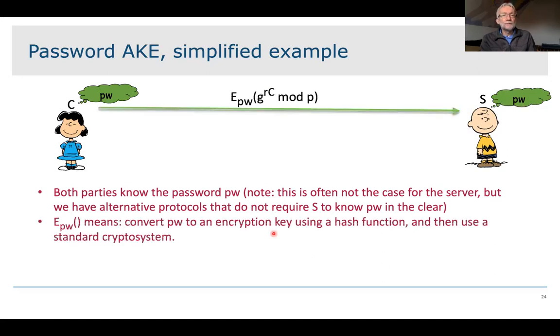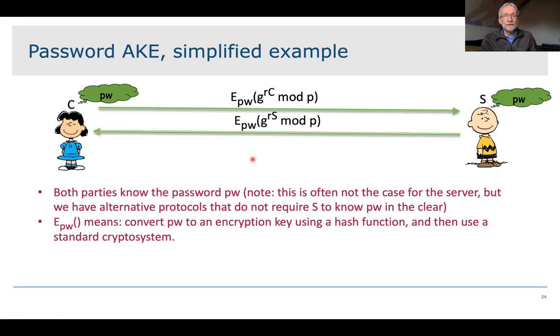The client will make a Diffie-Hellman message, the usual thing, g raised to the r_C mod p, and then encrypt this number under the password. This usually means something like you take the password, run it through a hash function, and use the output as an encryption key.